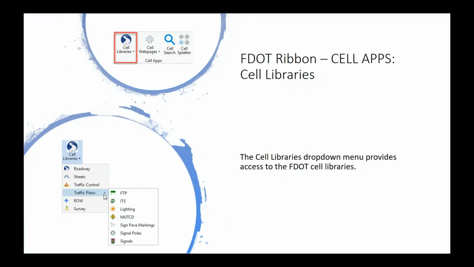It's also a split button, which means by clicking the top portion, you'll be selecting the last item that was selected from that menu, which is typically by default the actual cell libraries library. By clicking the bottom portion of the split button, it'll allow you to actually select from that dropdown.